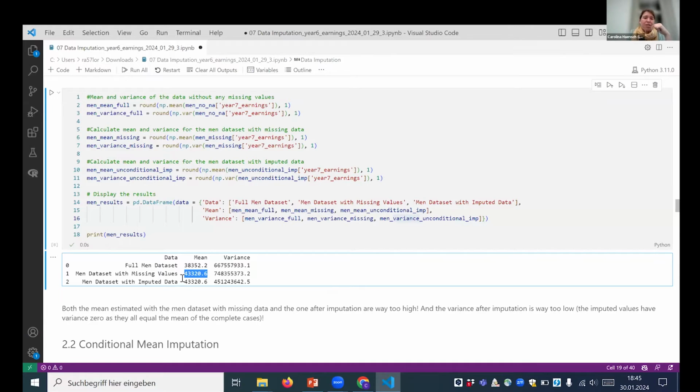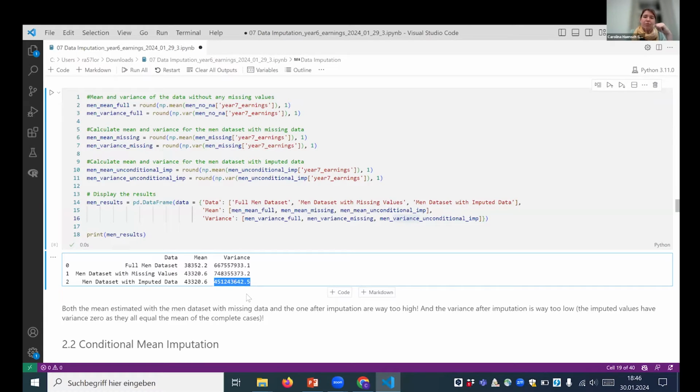And we see that mean imputation in this case does not help. We still have a biased mean, and the variance: if we compare these three data sets, the full data set, the data set where we have some data missing, and then here the missing data filled in with the mean, we see our variance estimate for year 7 earnings is completely off.